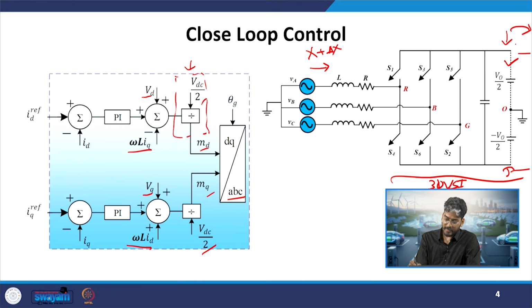Why? The power which will be drawn can be supplied using X amount of current, but delta X current has come in excess. So, that delta X will be absorbed by the capacitor and it will charge. So, our DC voltage will increase when we are drawing an excess amount of active power from the grid. Suppose the other condition, suppose I am drawing less active power than required for the flow of power.